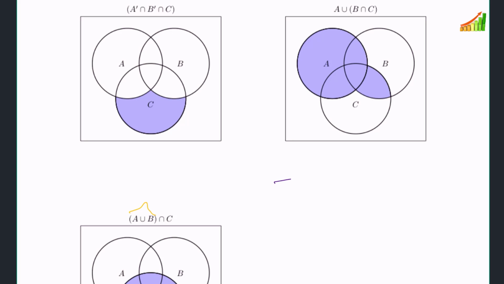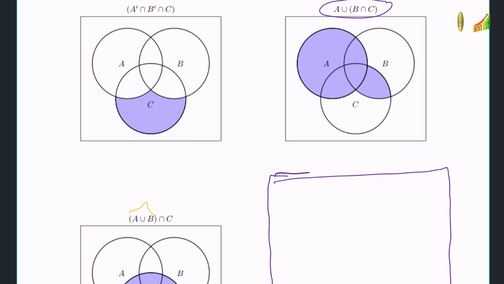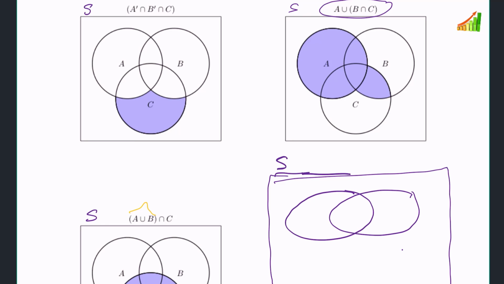Now let me explain this one. Okay, S. Here also you should know we need S for each. So here there are three events, 1, 2, 3 events, A, B, C. So what is the first one?